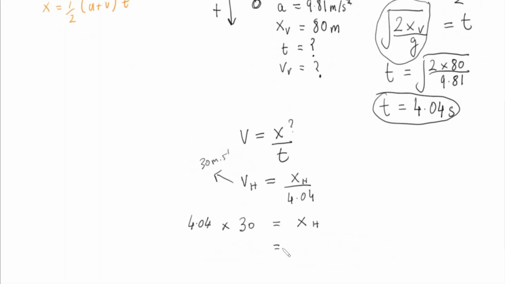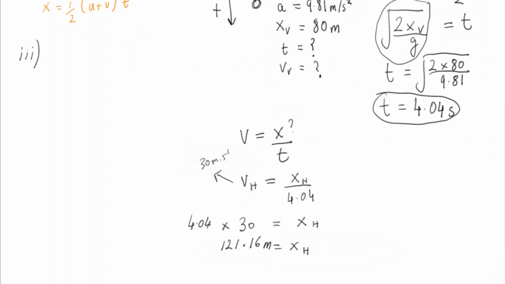Now we put this in the calculator and we get a horizontal displacement of 121.16 meters.